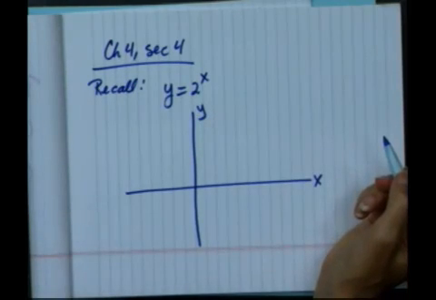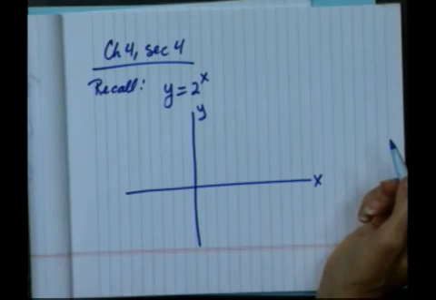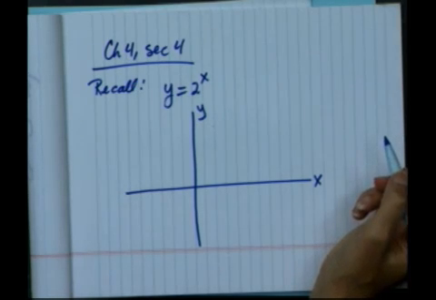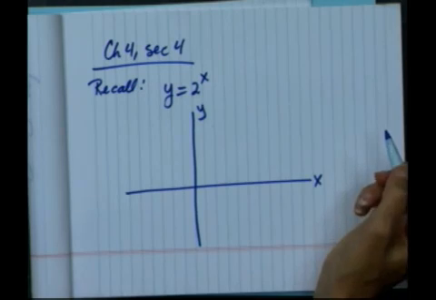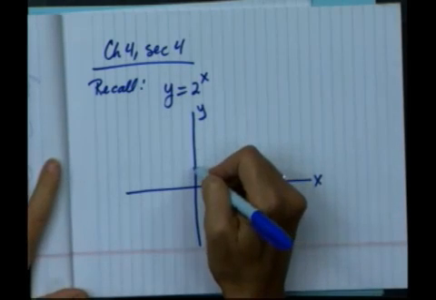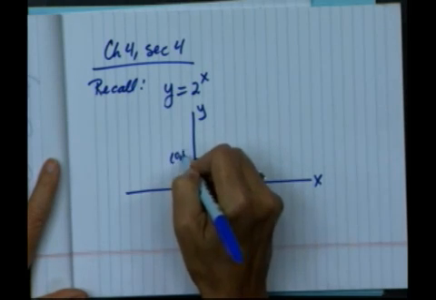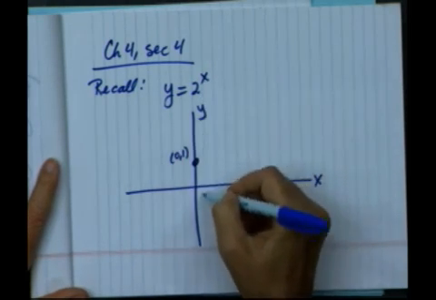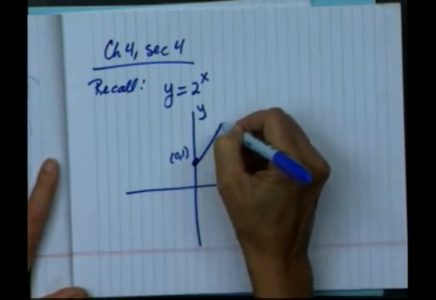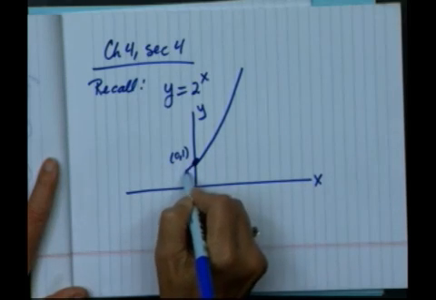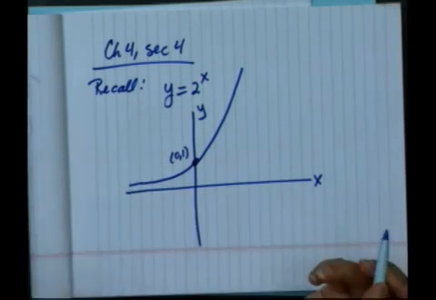What does the graph of this look like, everybody? Y equals 2 to the x. Just had it on your test. Exponential growth. Say it out loud. It's an exponential growth curve. What's the y-intercept? The y-intercept's 1. (0, 1). And as x gets bigger and bigger, the y flies off to infinity. And as x gets smaller and smaller, it approaches the x-axis.